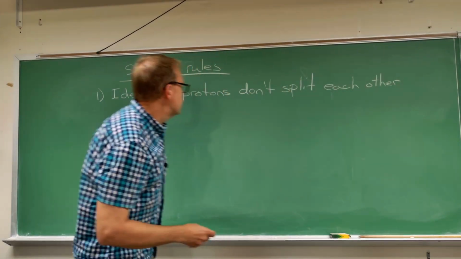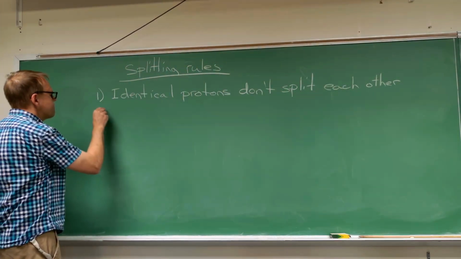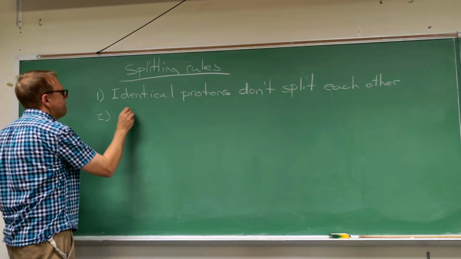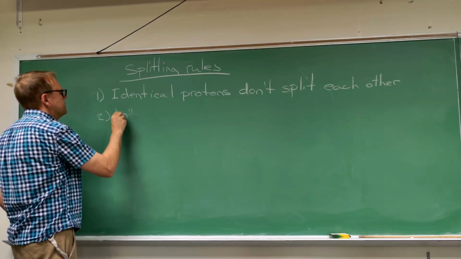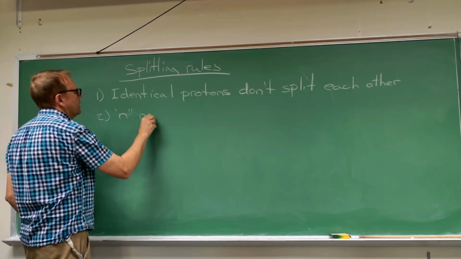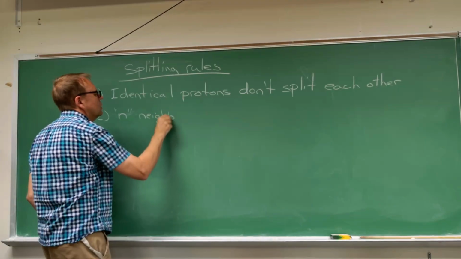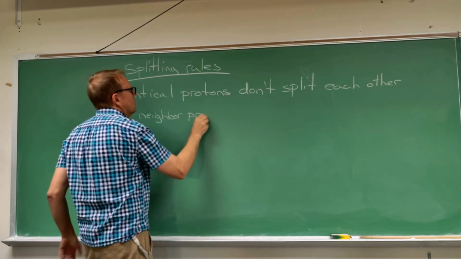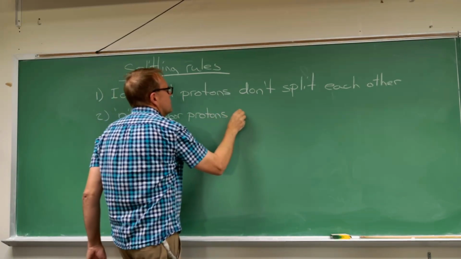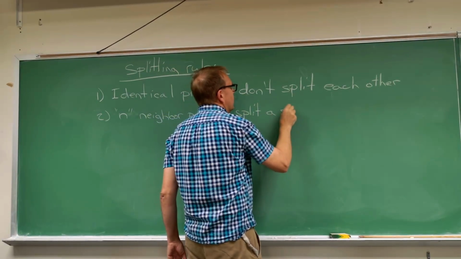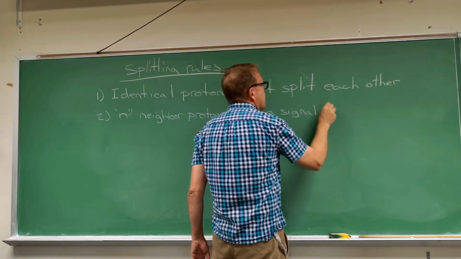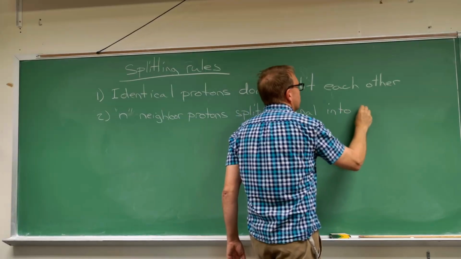The next rule is this n plus 1 rule. So n, where n is a number, neighbor protons split a signal into n plus 1 peaks.